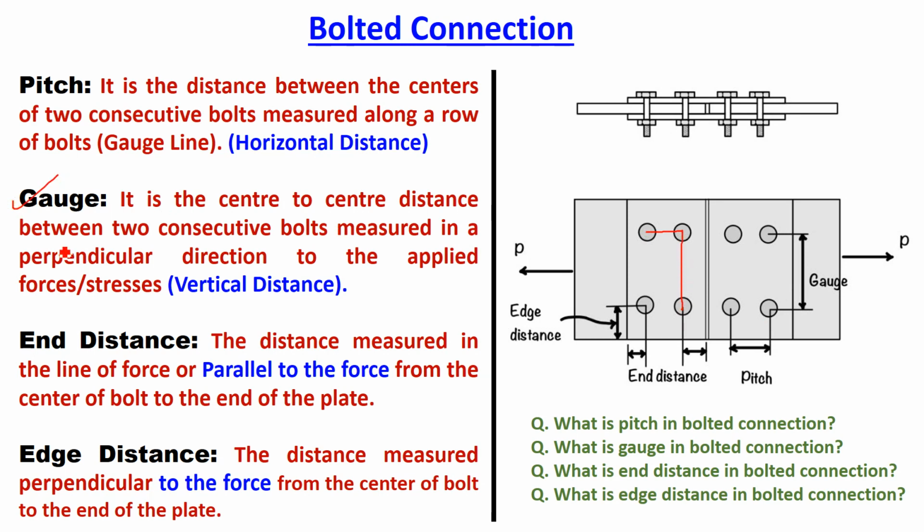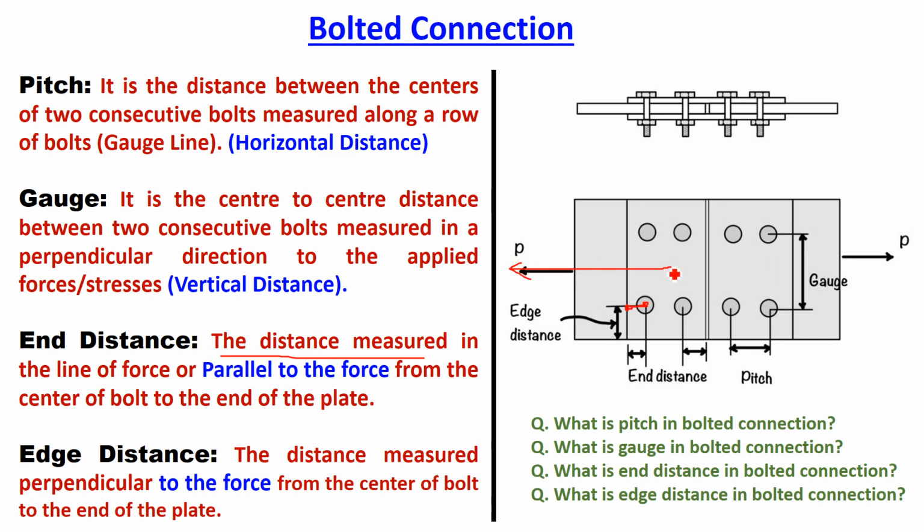Okay, this is gauge. The third point is end distance. End distance means the distance between the center of the bolt and the end of the plate, but that distance is measured parallel to the force, meaning in the horizontal direction.